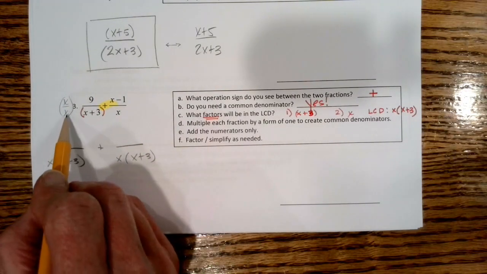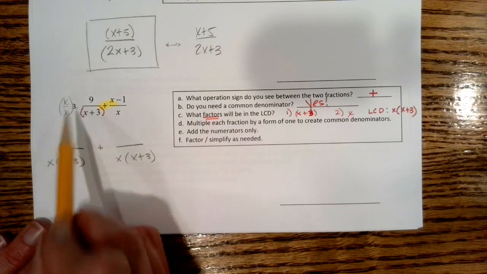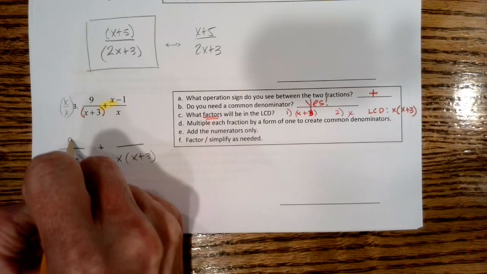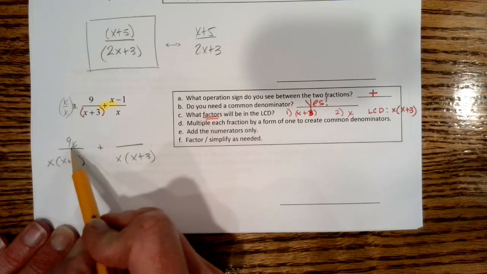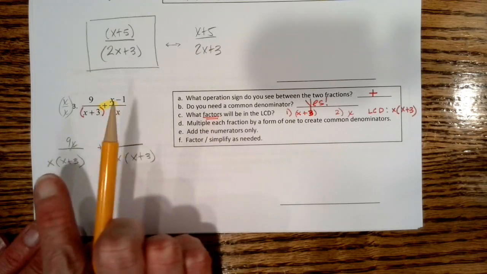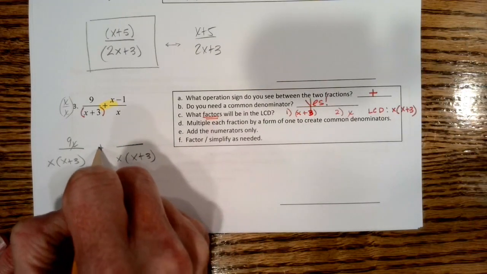Hey everybody, this is a form of 1. It's not going to change the value of my fraction, but it will make my denominator match. So 9x is in my denominator. Now, of course, you could cancel these out to go back to a simplified version, but that's not what I want. I want to have this common denominator.